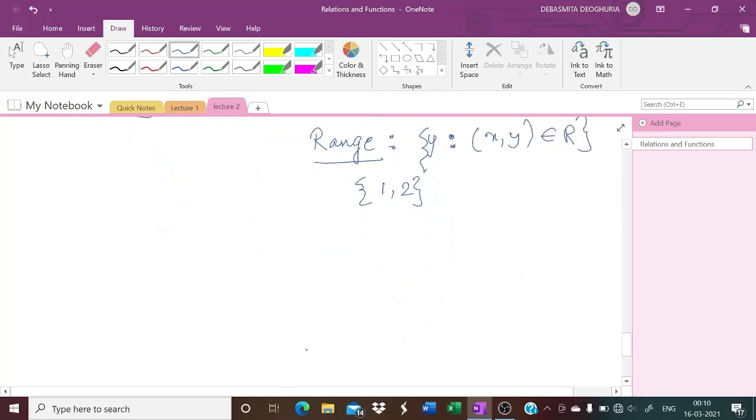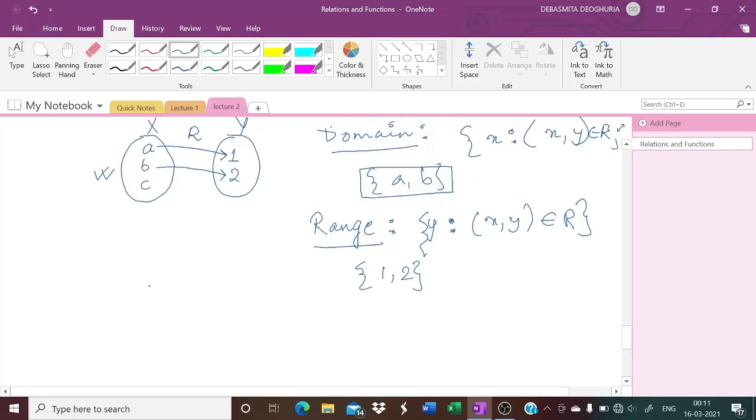It may happen in some case, let me take another example, that A is related to 1 and also B is related to 1.